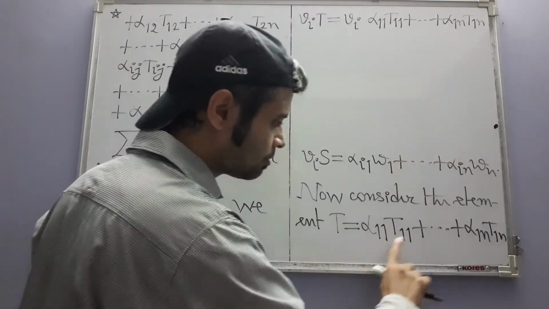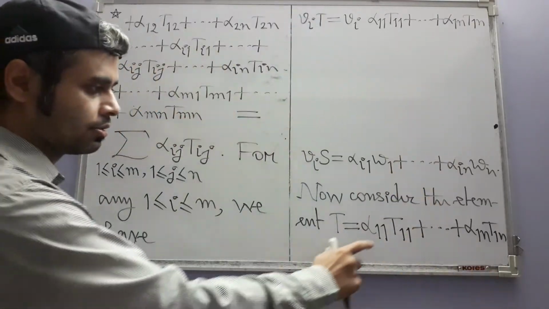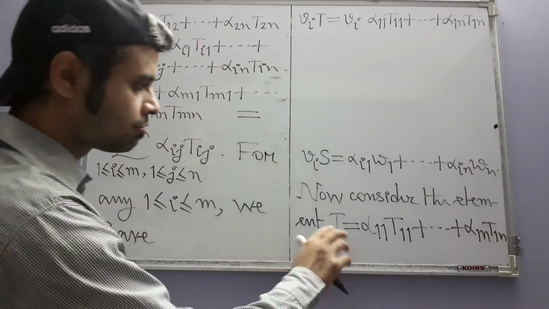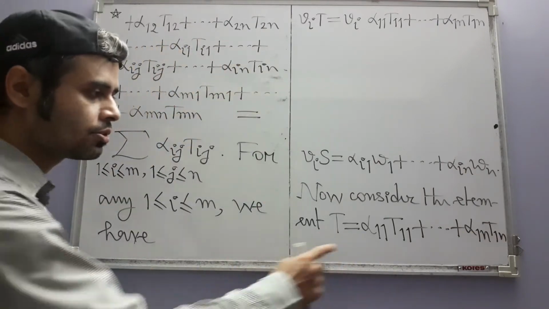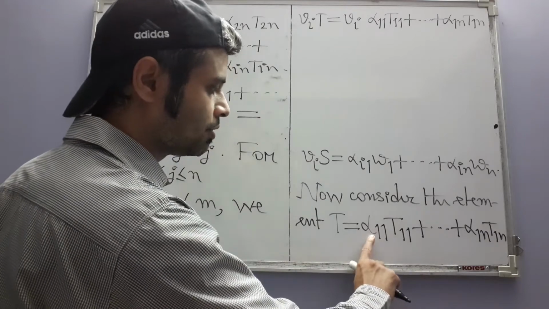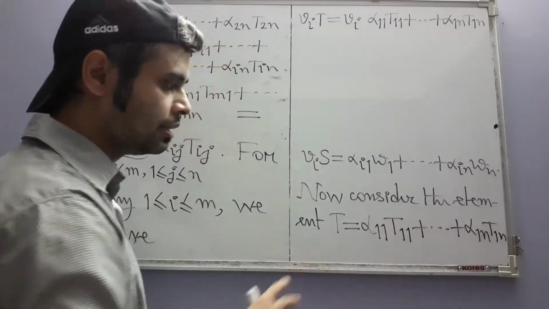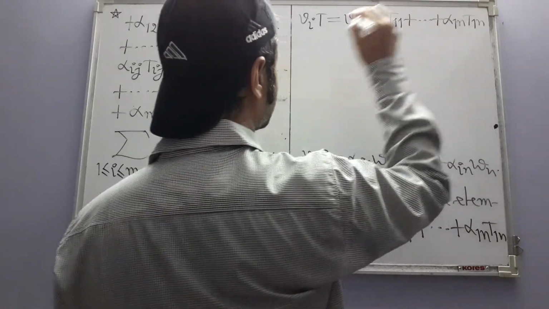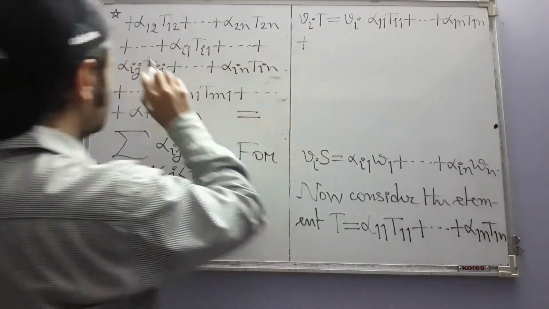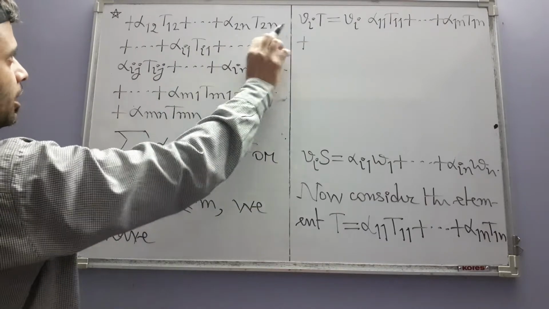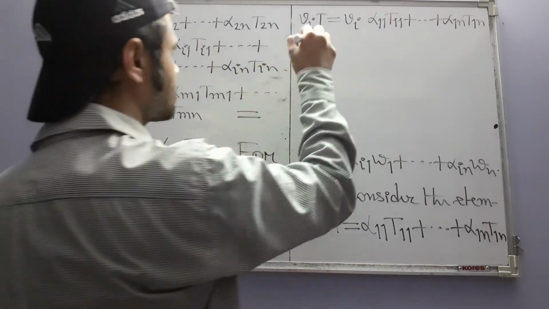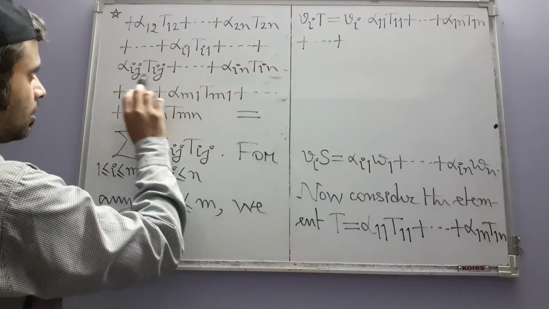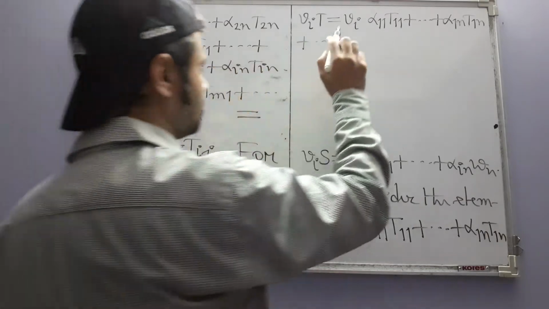If you want, you can write the second terms also, for your own clarity. I chose to not write, say for example, alpha 12 T12, because it will take much more space. So this plus this part, there is no need to write. It's there, we understand it, but we are of course going to write this i part because we have i here.